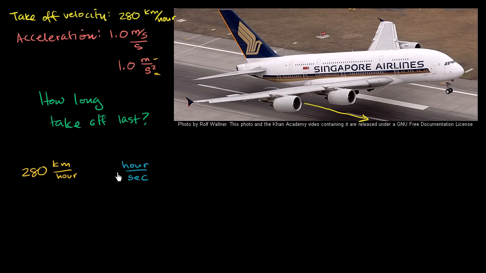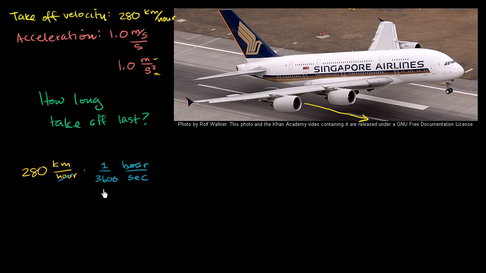In 1 hour, there are 3,600 seconds. 60 seconds in a minute, 60 minutes in an hour. And so you have 1 of the larger unit is equal to 3,600 of the smaller unit. And so we can multiply by that. And if we do that, the hours will cancel out, and we'll get 280 divided by 3,600 kilometers per second.